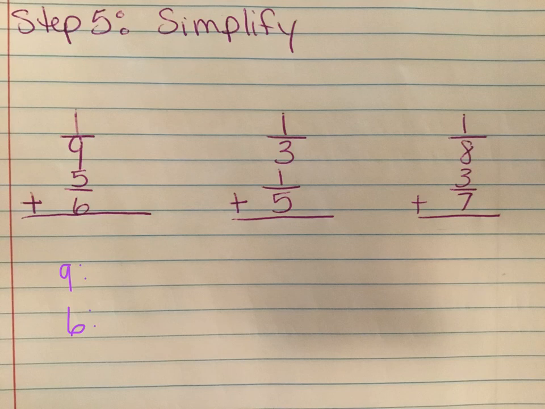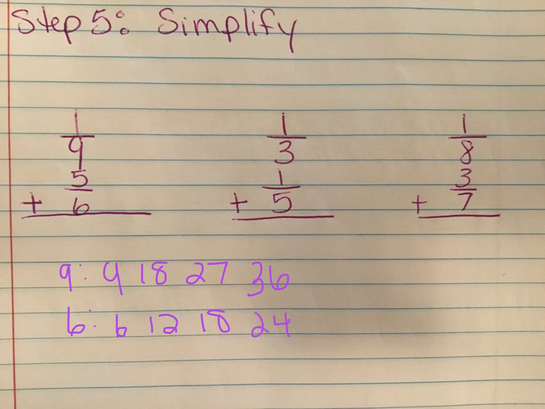All right, 9 times 1, 6 times 1. 9 times 2, 6 times 2. 9 times 3, 6 times 3. 9 times 4, 6 times 4.